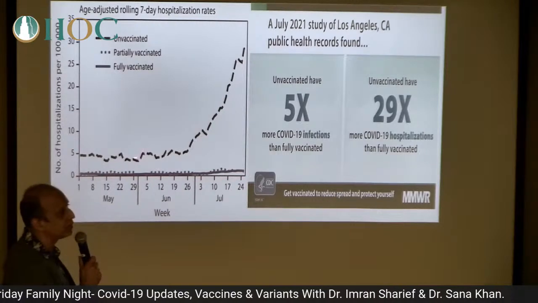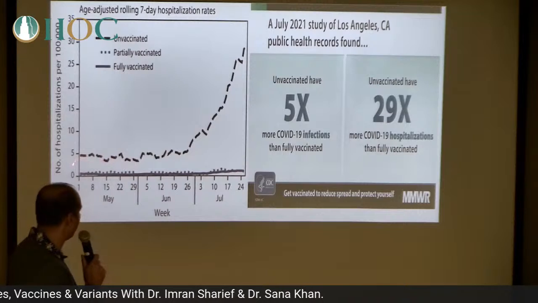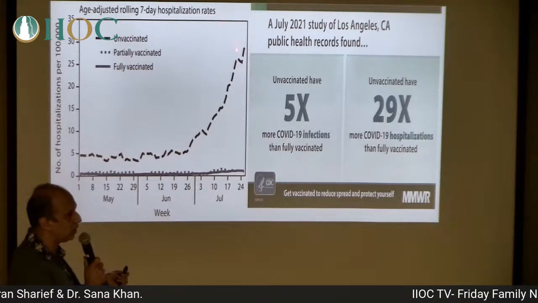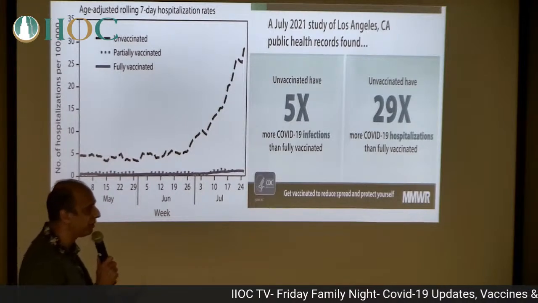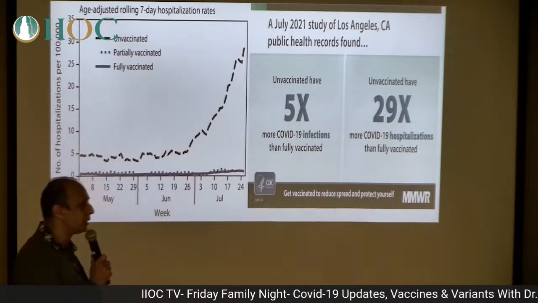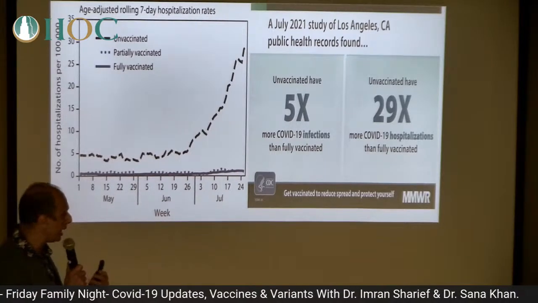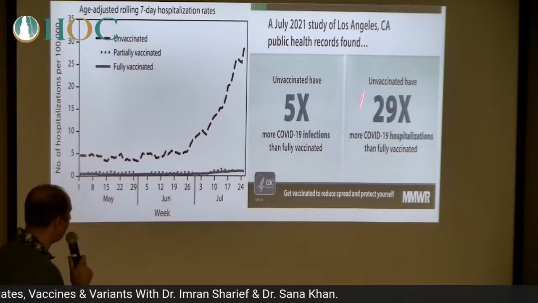Partially vaccinated, there is some protection that we know. Not 100%, but still better than nothing. But look at the unvaccinated. This is what's happening in US right now, which is literally not needed. We have a preventative treatment, and it's a good weapon that we can use against this virus.